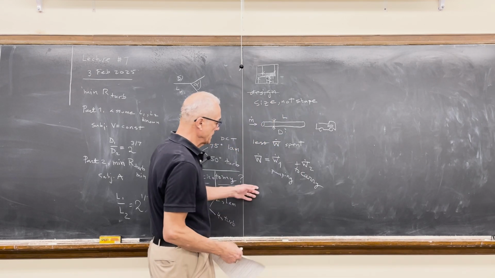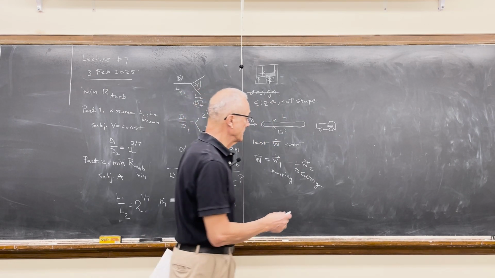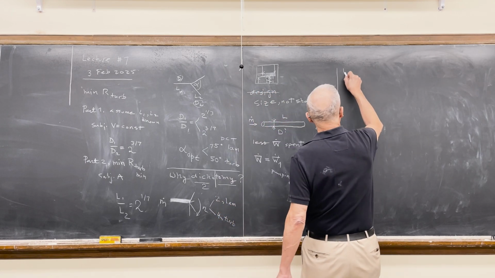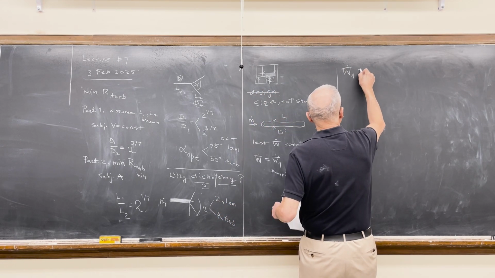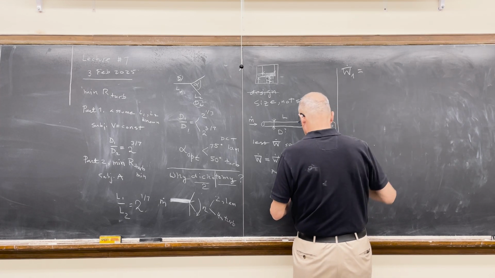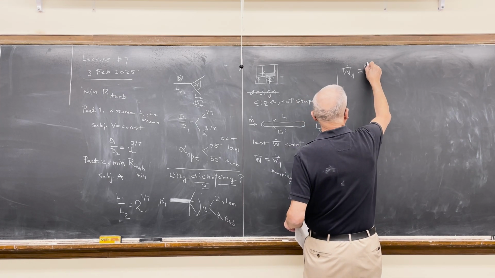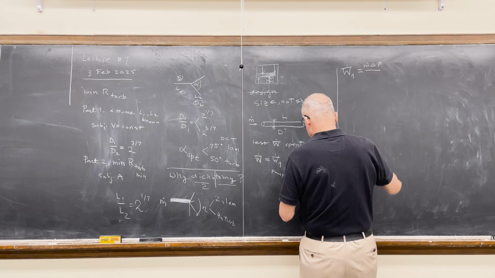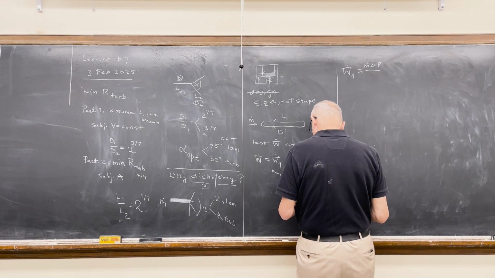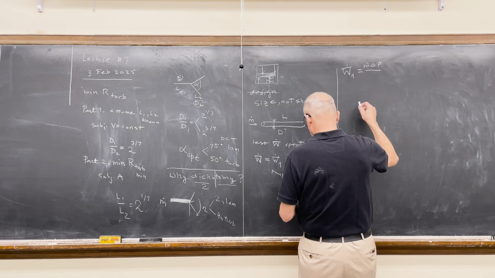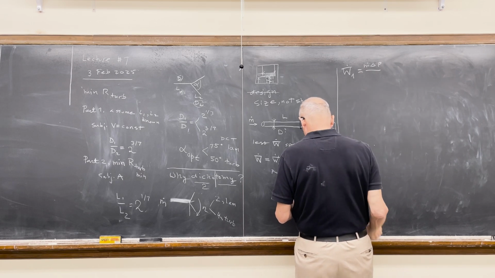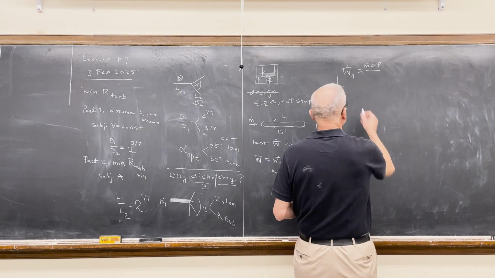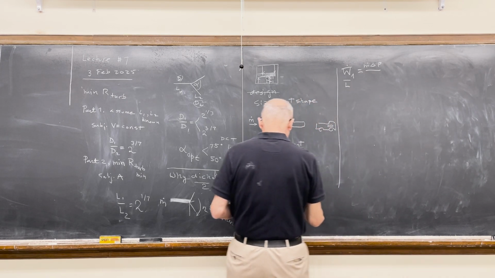And estimates for these two things are available. The pumping power is equal to m dot times delta P, divided by, and I do this so-called penalty per unit length in every case.